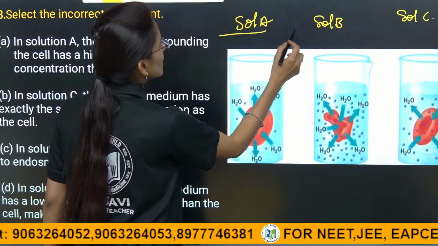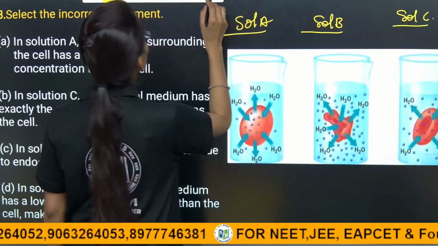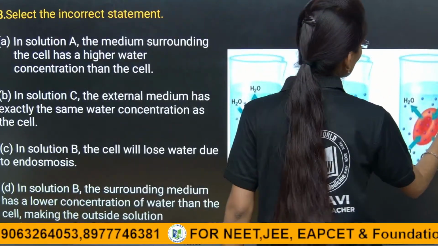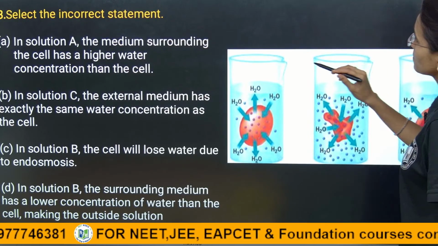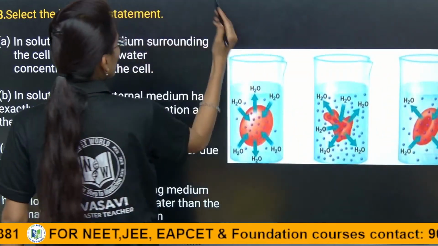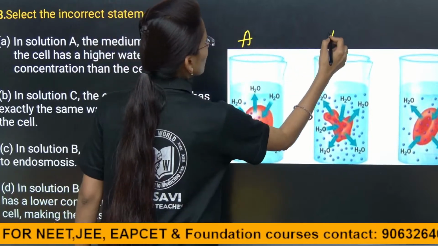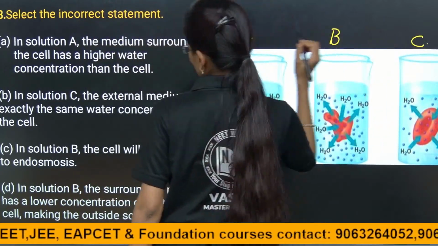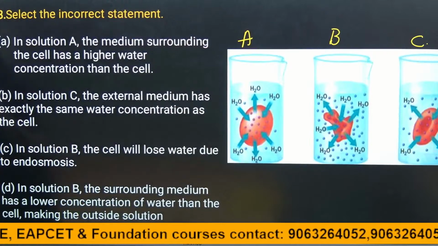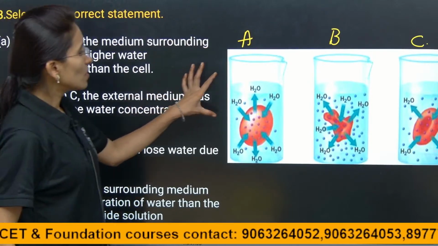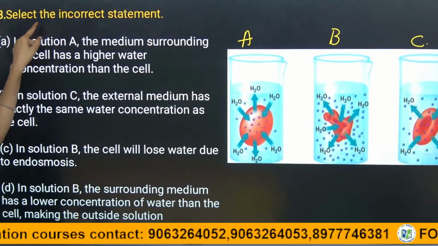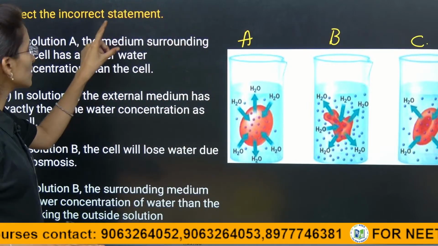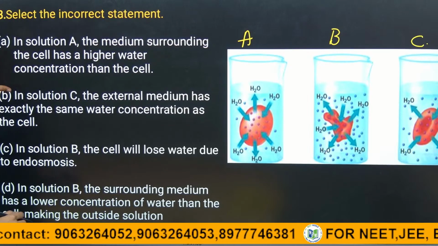Solution A, B, C, or else we can also write it as beaker A, B and C. So, here in beaker A, what are you going to observe? Select the incorrect statement. First, let us have a look at these options given here.